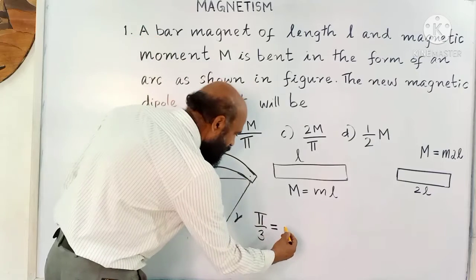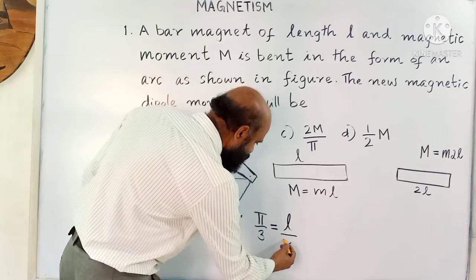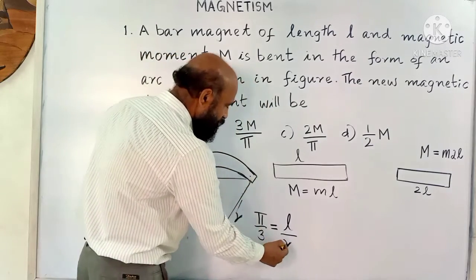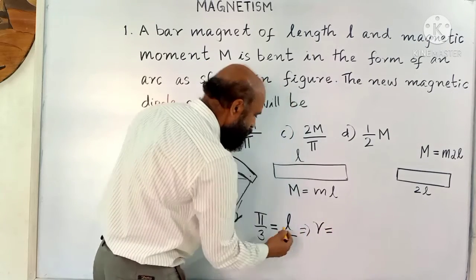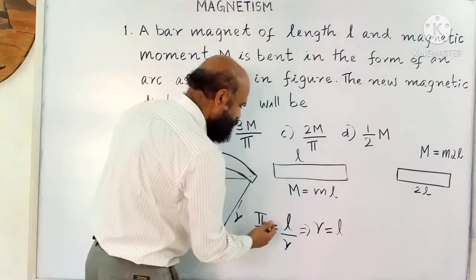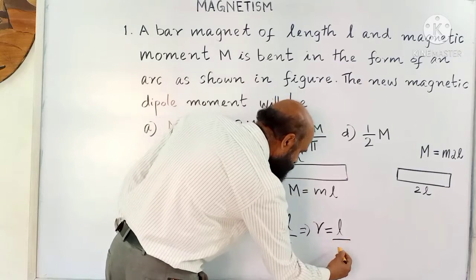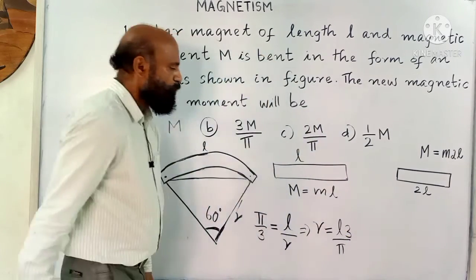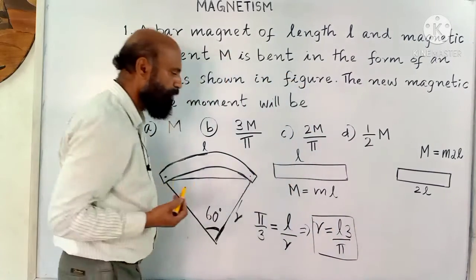Now the arc length is L, the radius is R. So we can get this radius. R is equal to L divided by pi by 3. So the radius is 3L by pi.